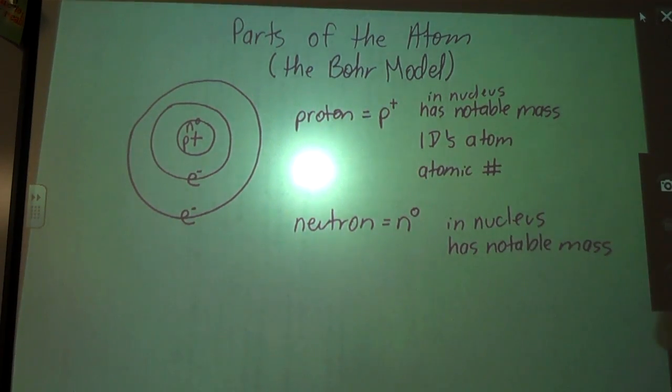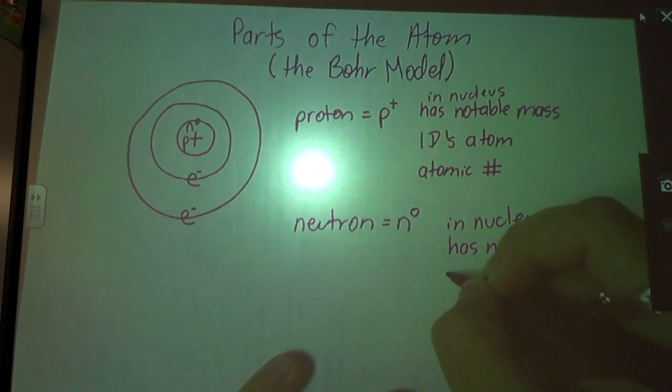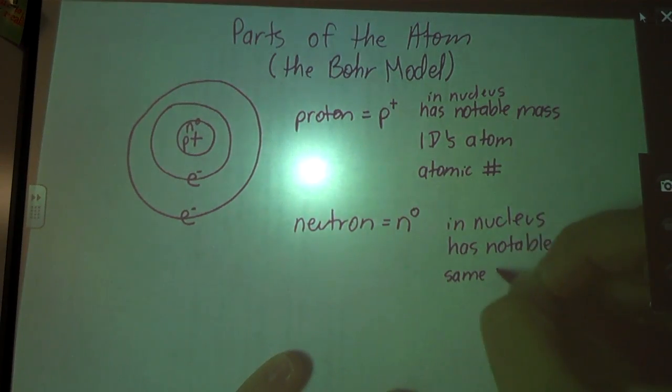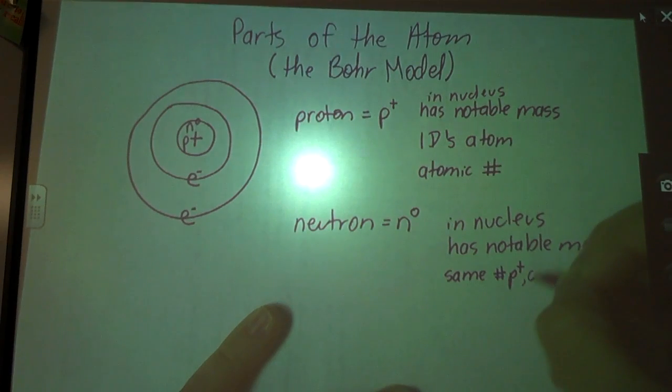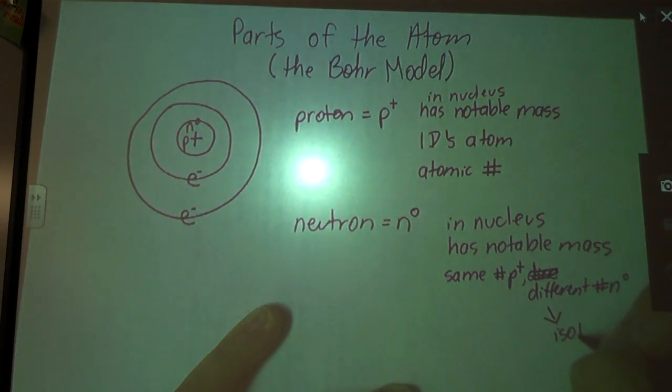And whenever we change the number of neutrons, so if we have the same number of protons, so same atom, but a different number of neutrons, that has a special name. It's called an isotope.